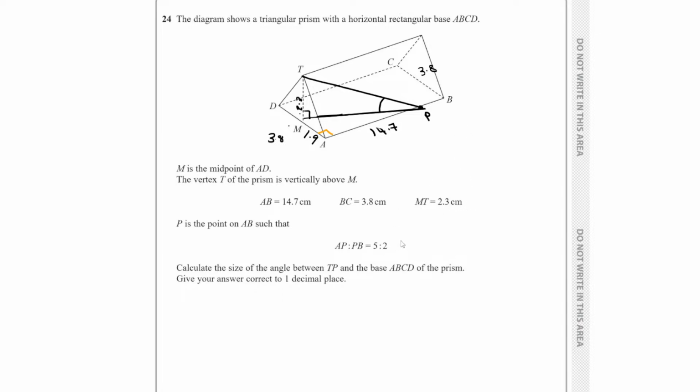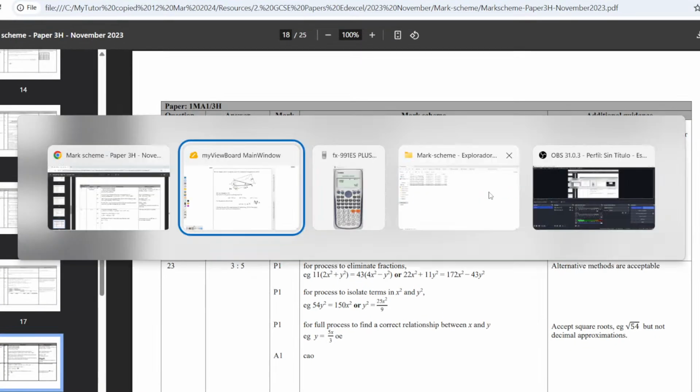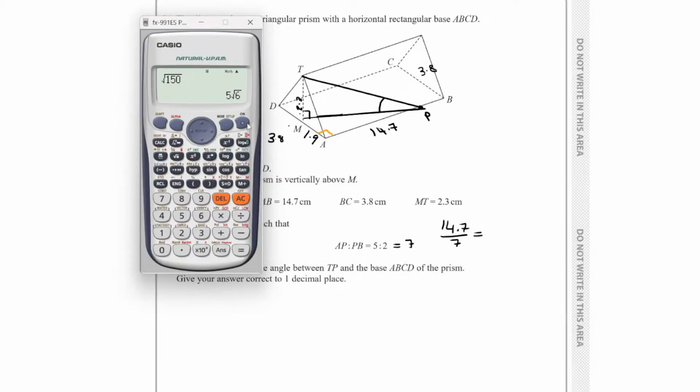So we need to share out the ratio, which you normally add, 7 parts, and then you would do 14.7 divided by 7 parts to find out one part. Calculator. Divided by 7 is 2.1.